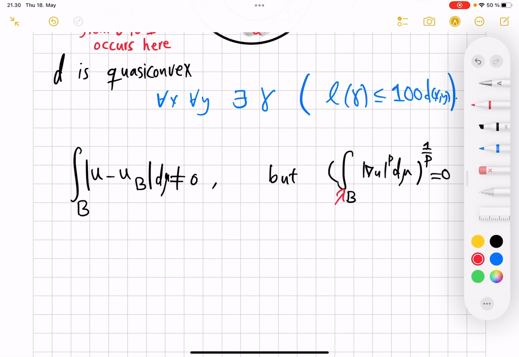In particular, there exists some lambda large enough, maybe you will take it 100.